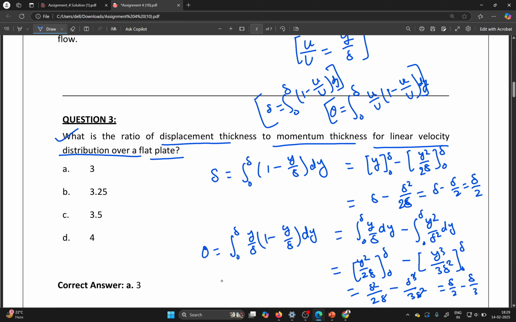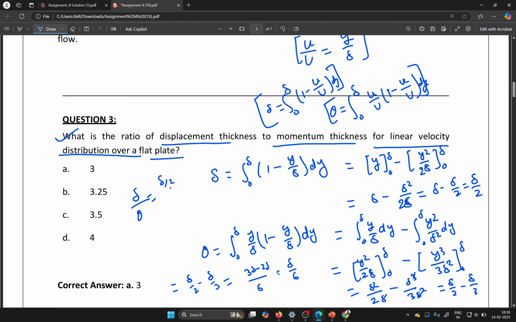If I calculate this, delta by 2 minus delta by 3, with common denominator 6, gives 3 delta minus 2 delta, so delta by 6. Now you need to calculate the ratio of delta star by theta.